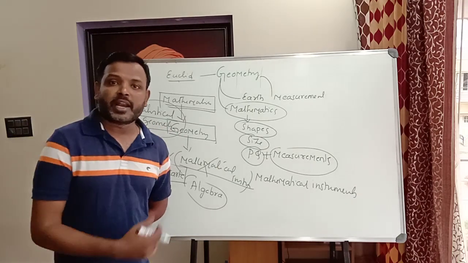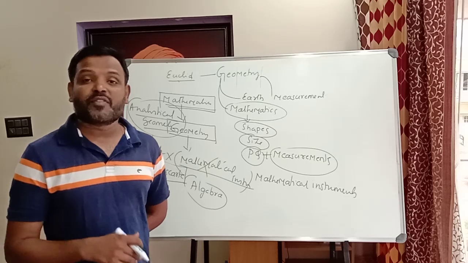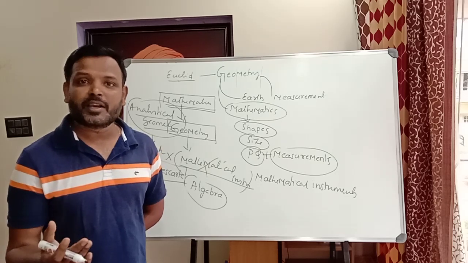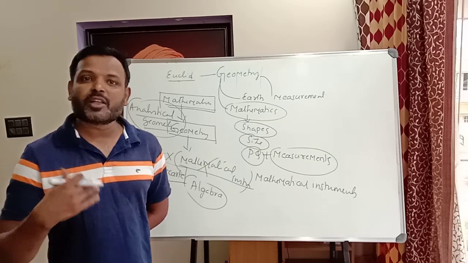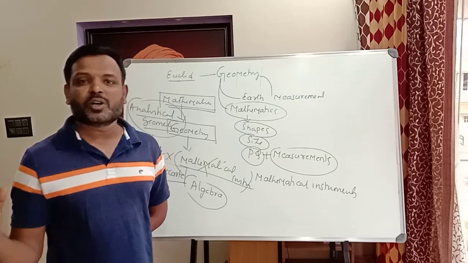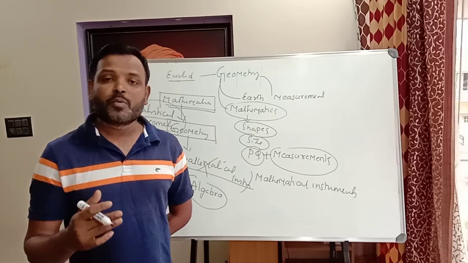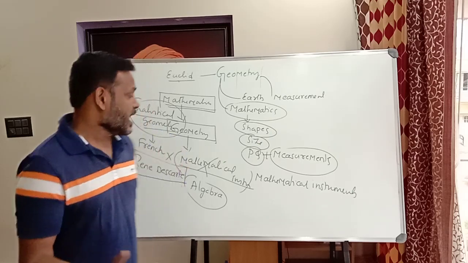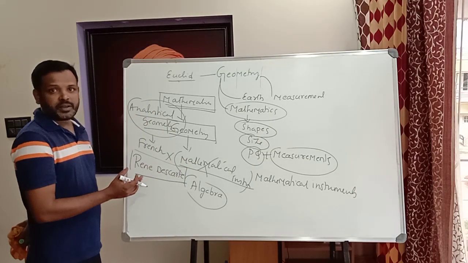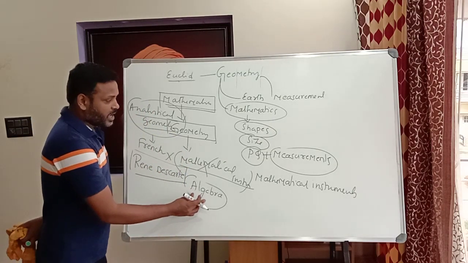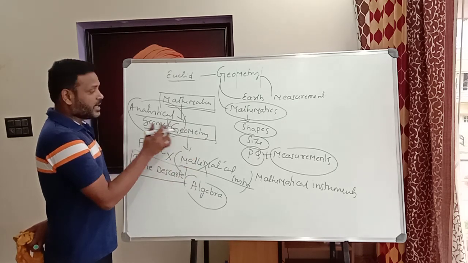So René Descartes is called the father of analytical geometry. For example, if someone asks who is the father of geometry, you should say Euclid. Who is the father of analytical geometry? René Descartes. With the help of algebra, we study geometry. That is what we call analytical geometry.